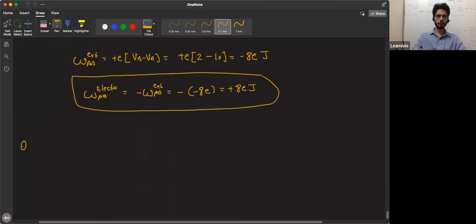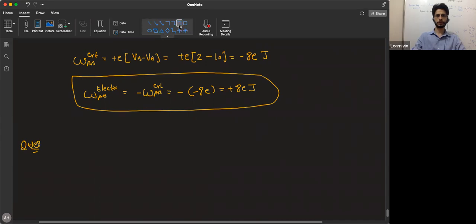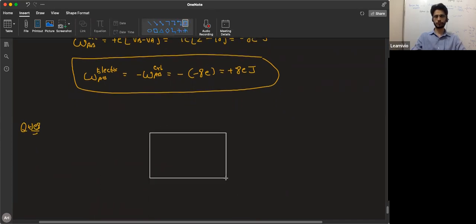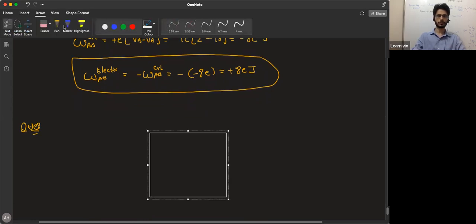So the first question on potential due to a system of charges. You have a square. On every vertex of the square, you have a charge: plus E, plus 2E, minus E, minus 2E.